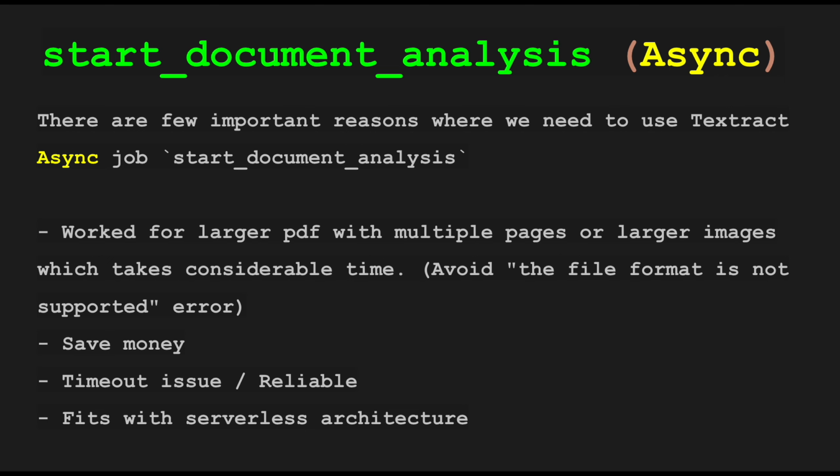Once the Textract job is done, it calls back the SNS topic, where you can get a notification. This is a perfect fit for serverless architecture, and it's a more scalable solution if you are doing many analyses through the Textract service.